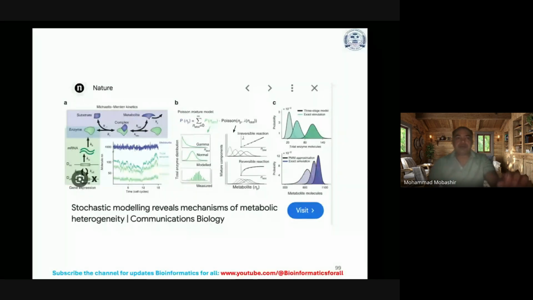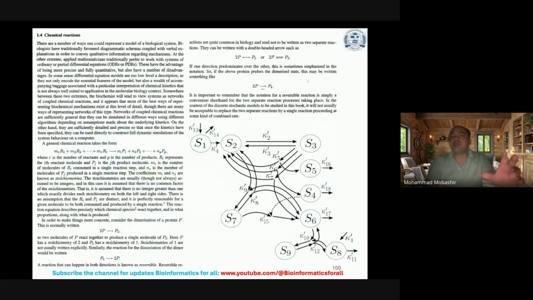Now, as I mentioned, in a biological system, everything takes place in the form of reaction, chemical reaction. So now you need to understand the chemical reactions. For example, there are a number of ways one could represent a model of a biological system.